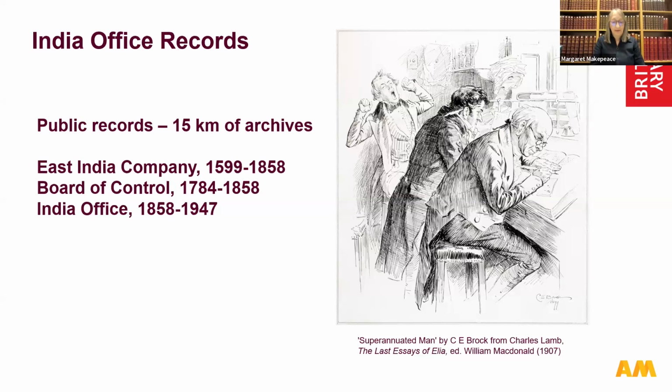Third, the India Office, 1858 to 1947, a Department of State which took over from the East India Company after the upheaval of the Indian Rebellion. The records at the British Library are copy documents or correspondence sent to the London headquarters by overseas administrators, and papers created in London. There are large complementary archives in India, Pakistan, Bangladesh, and other countries.